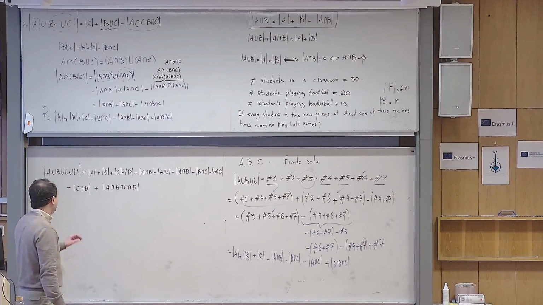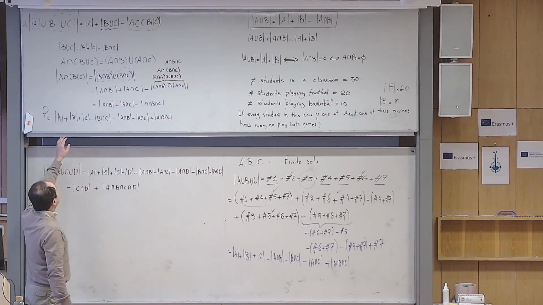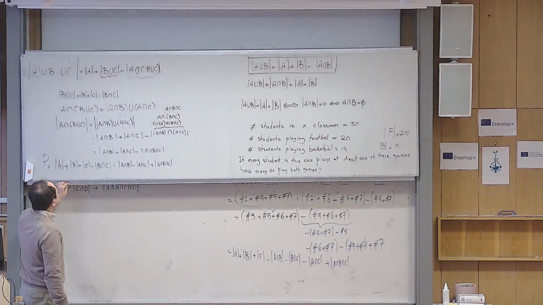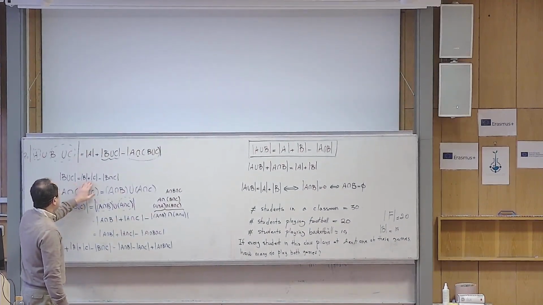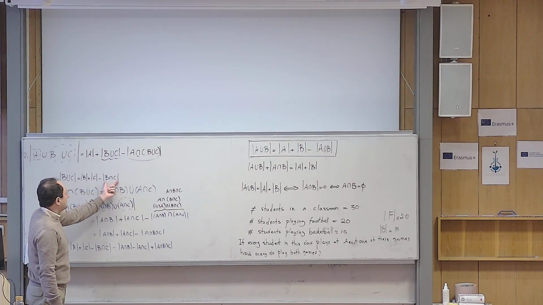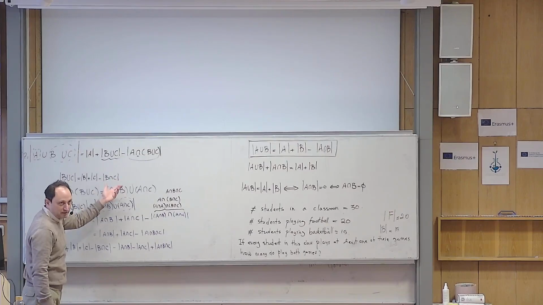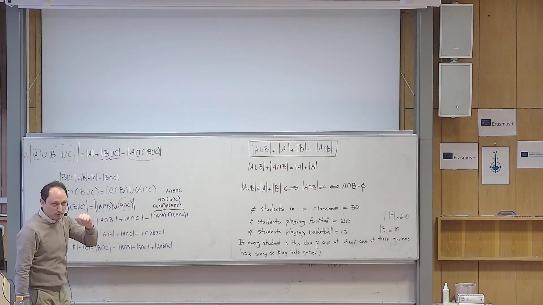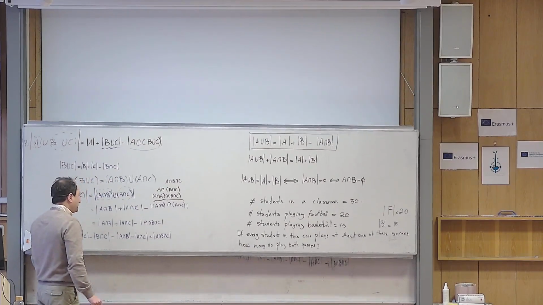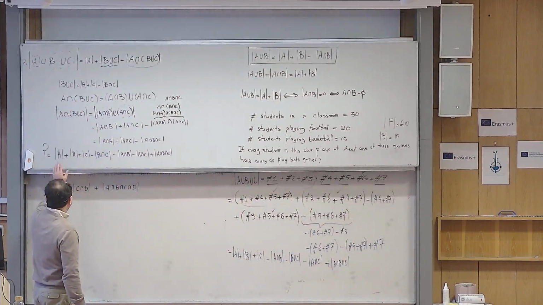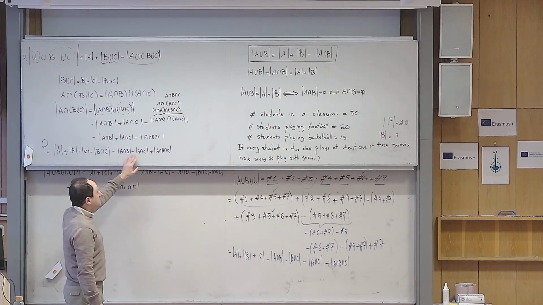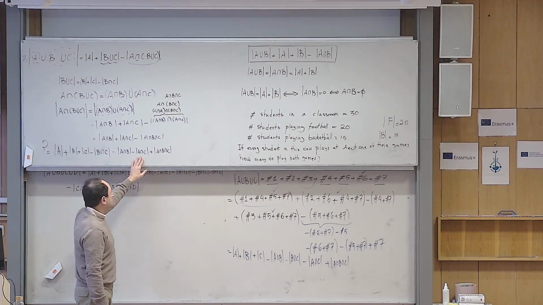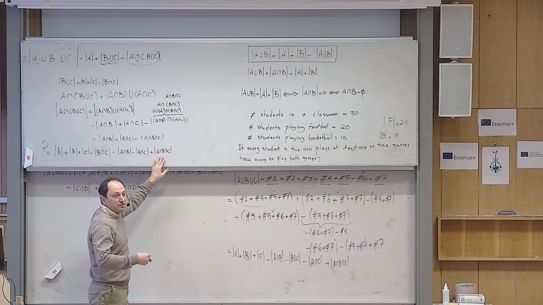He's saying that in the case of two sets, we have the cardinality of B and C minus the intersection, the cardinality of every pair. But of course, in this case, we have only one pair. But for the second one, we have the cardinality of them individually minus the cardinality of every pair, but plus the cardinality of every triplet.